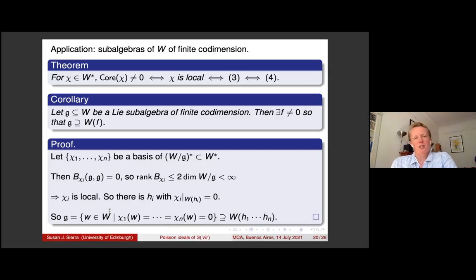So by another condition of the theorem, they all vanish on some W of HI. So if I look at W of the product of HIs, then all of the chi's vanish on that. But by construction, G is precisely the subspace of W where all of the chi's vanish. So I've just shown you that G contains W of something.